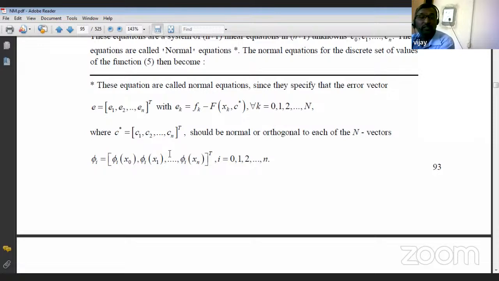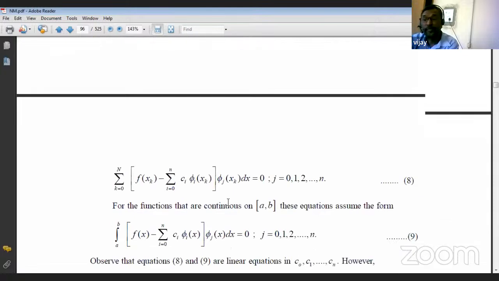Here c star equals (c1, c2, ..., cn) transpose, which should be normal or orthogonal to each of the vectors phi_i = (phi_i(x0), phi_i(x1), phi_i(x2), ..., phi_i(xn)) transpose, i equal to 0, 1 to n. That is, the summation over k of f(x_k) minus summation of i equal to 0 to n, c_i phi_i(x_k), times phi_j(x_k) is equal to 0.